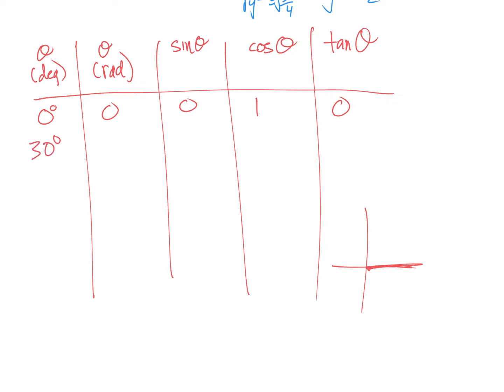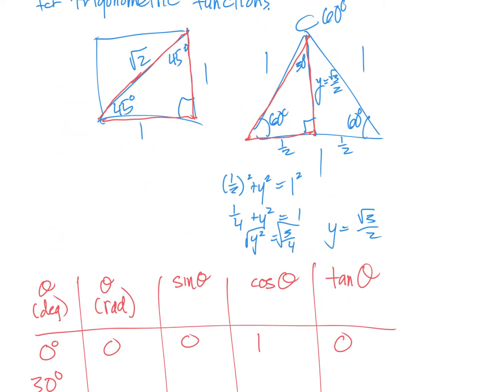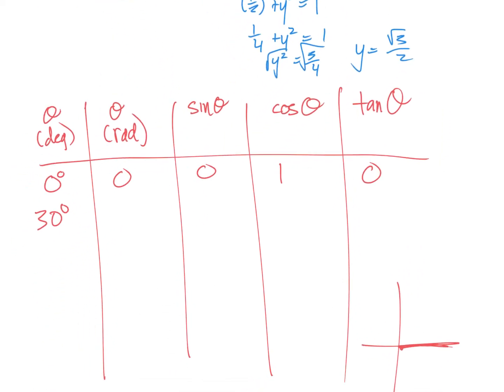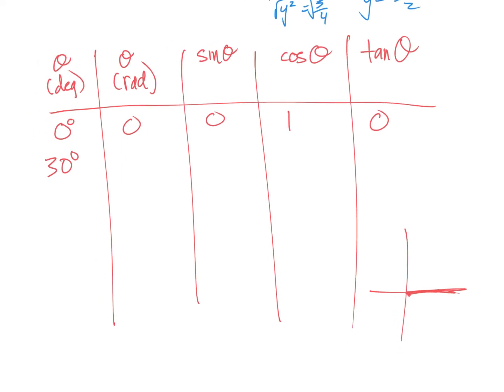30 degrees, we can refer to our pictures up here. And so if we're dealing with the 30 degrees, we reorient ourselves from up here, opposite over hypotenuse. So that gives us the following.